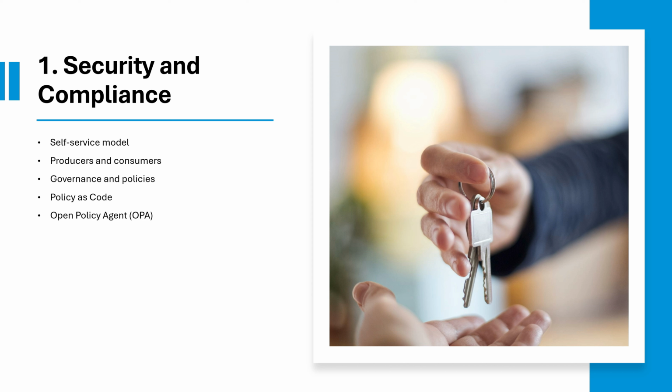Consumers don't need to be experts in the infrastructure as code technology, but they should be able to just use what producers are building. Then there's governance and policies that will, again, govern and put guardrails around what we can build. And then policy as code is really the engine that drives our policies. And we use Open Policy Agent, which is becoming a standard in the industry today.